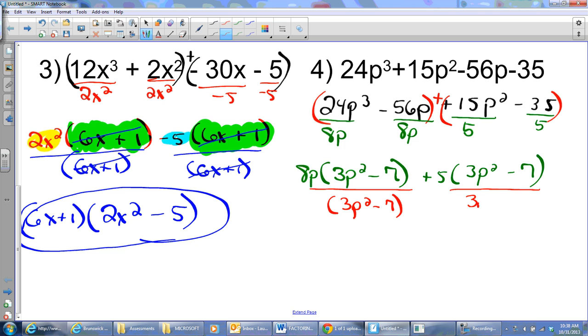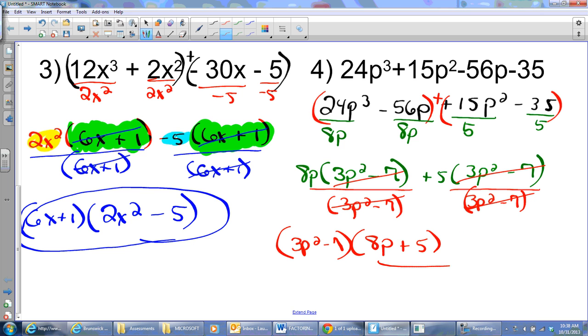And a 3p squared minus 7. Gonna factor it out. 3p squared minus 7. And I will multiply by 8p. And here, plus 5. And there you go. That's it.